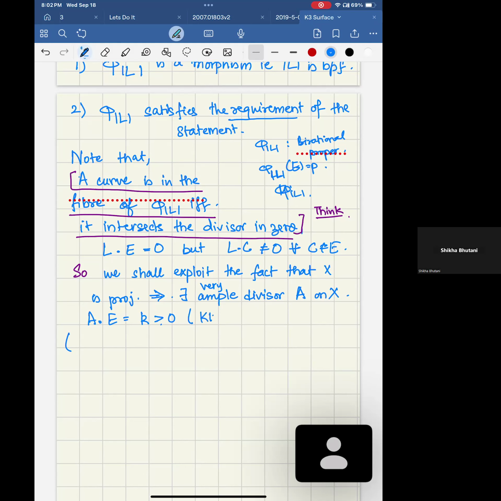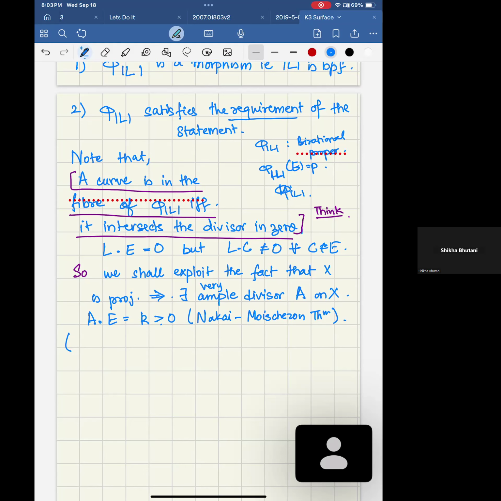Why? Kleiman's criterion. Well, since we are on a surface, Kleiman's criterion is almost similar to the Nakai-Moishezon criterion, so we are going to use that.